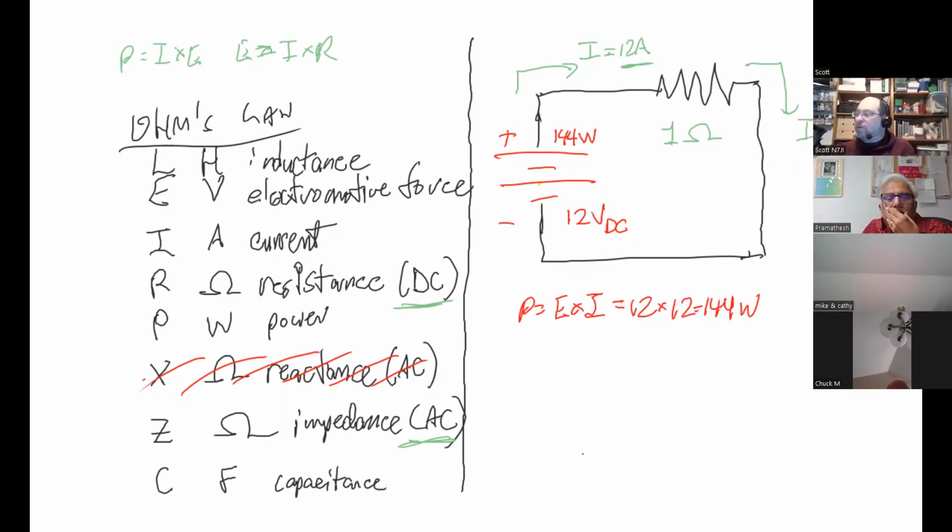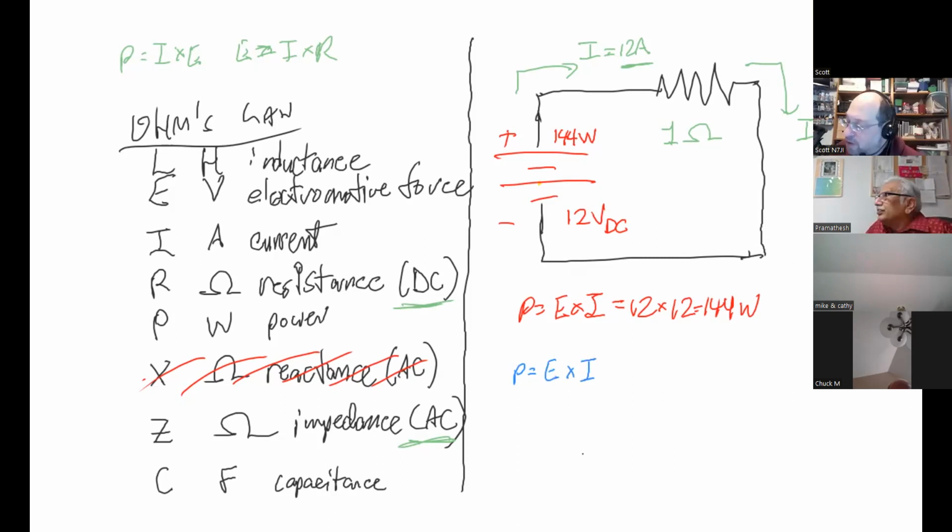Okay, so now what we can do is say we have our resistance, we have our Ohm's law calculations. P is equal to E times I, or I times E. I'll draw it the right way. I'll be consistent.